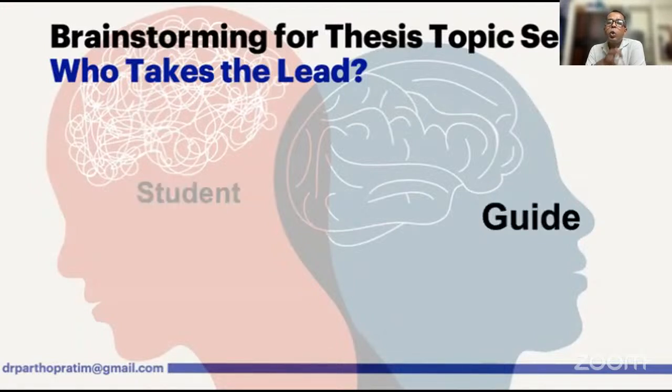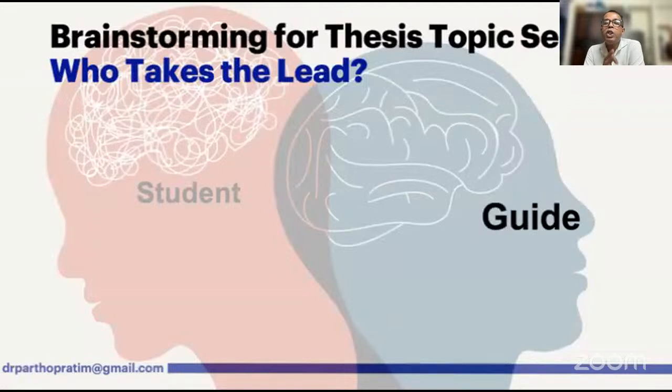But the truth is that most first year postgraduates lack expertise in research design and feasibility assessment. So the guide plays a crucial role in ensuring the topic is clinically relevant, ethically sound, feasible within the given time frame, and aligned with available resources.